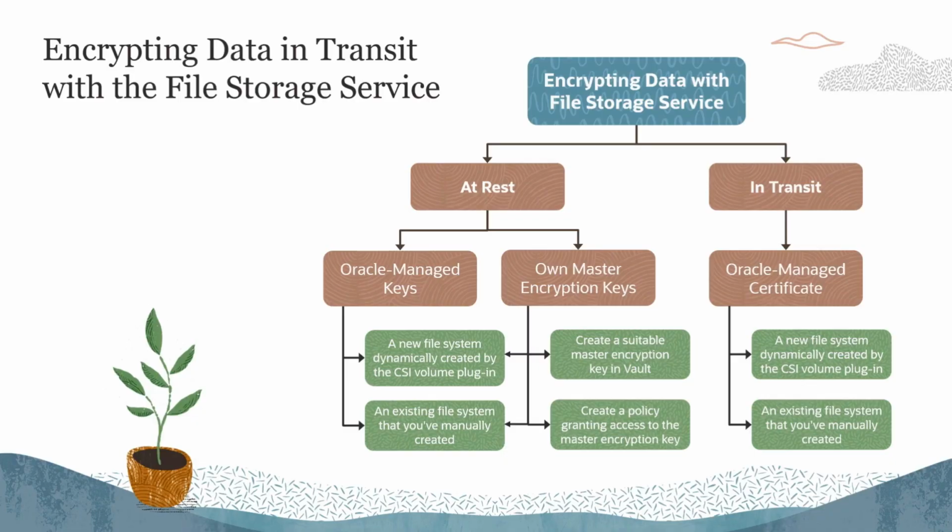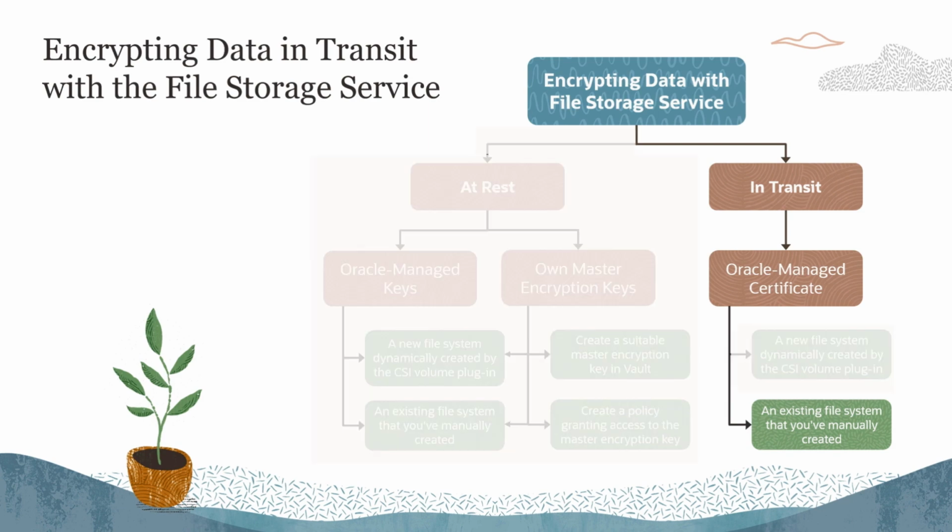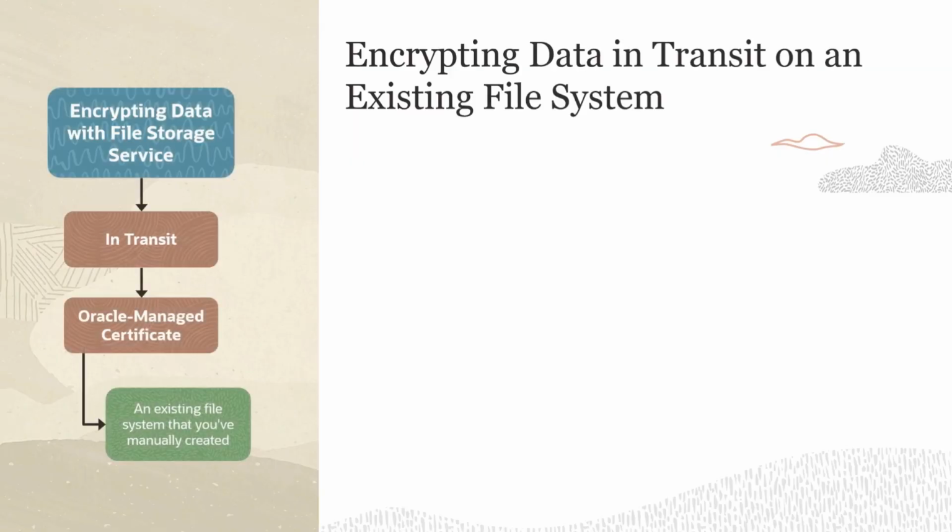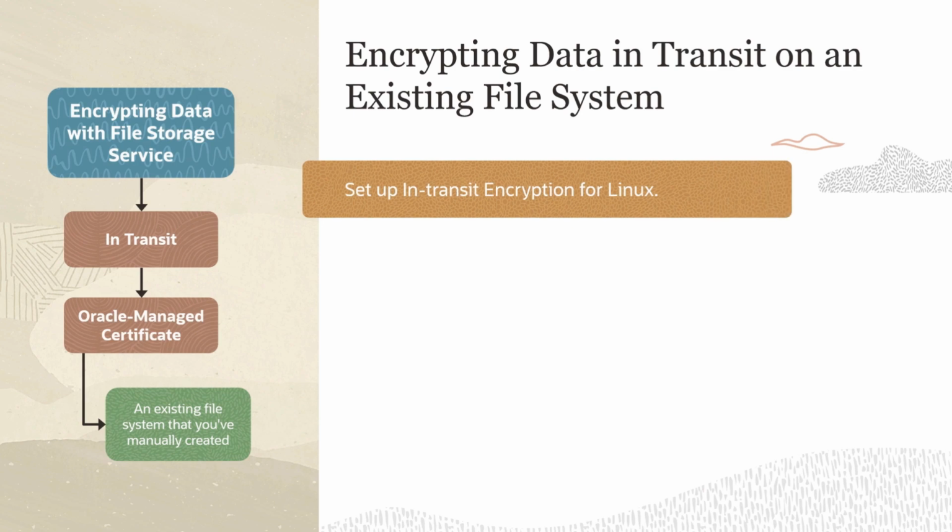Now let's look at how to encrypt data in transit on an existing file system. Encrypting data in transit on an existing file system involves building upon the established in-transit encryption for Linux. The process remains consistent, ensuring the compute instances are running Oracle Linux 7 or Oracle Linux 8, and the security rules are configured for TCP traffic as discussed in the earlier slide.